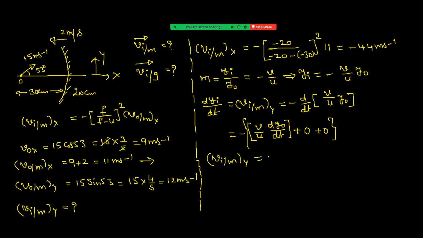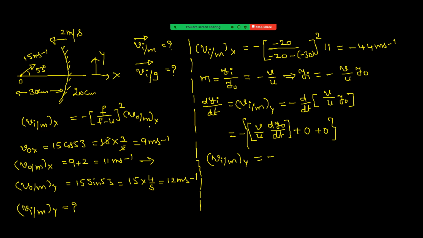Minus, in the place of v by u, see what we can write. Or directly minus v by u, there we are writing magnification rate, that is f by f minus u.